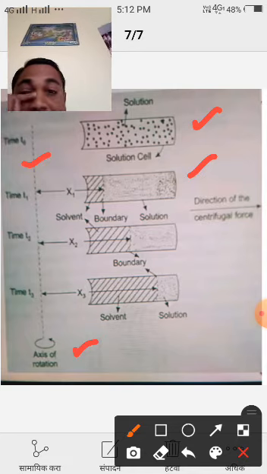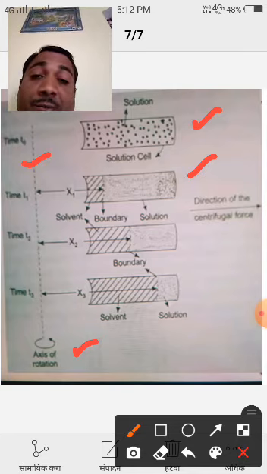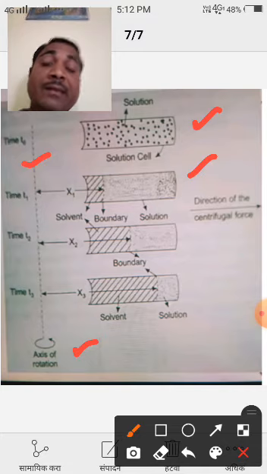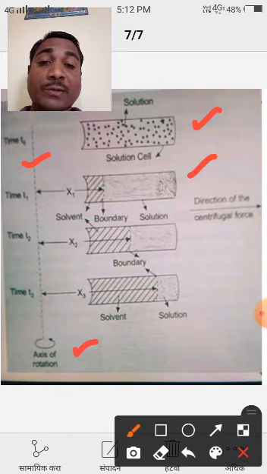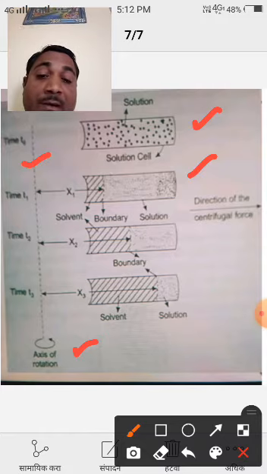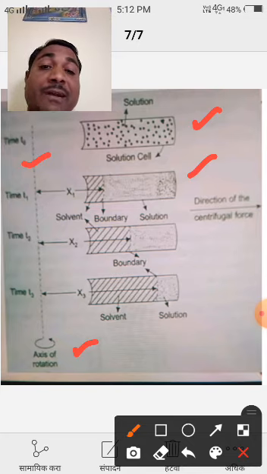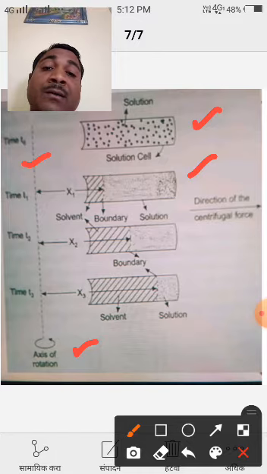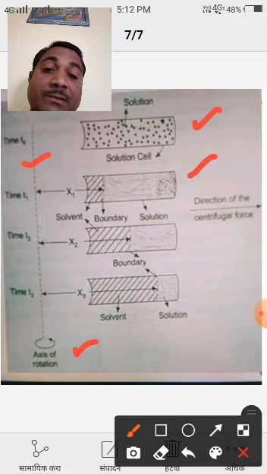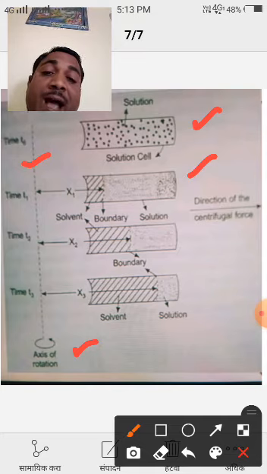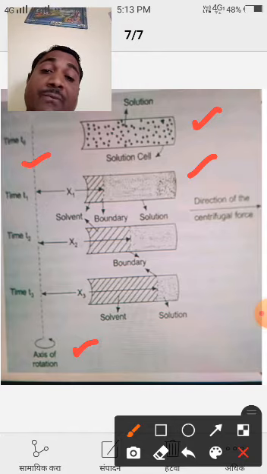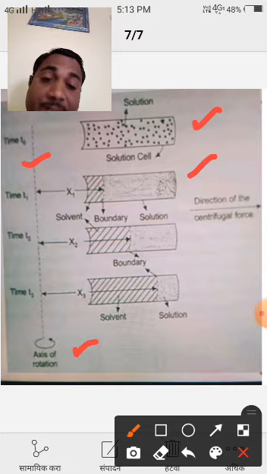In the diagram, if the solution cell is rotated about the axis of rotation, a boundary is formed between the solvent and solution, and after some time this boundary changes its position. Therefore x1, x2 and x3 are the distances of the boundary from the axis of rotation at times t1, t2 and t3.